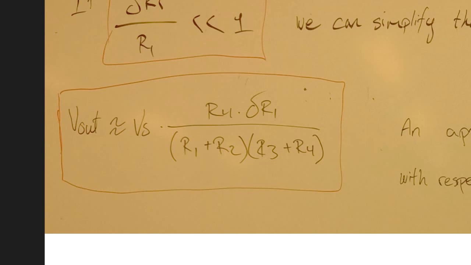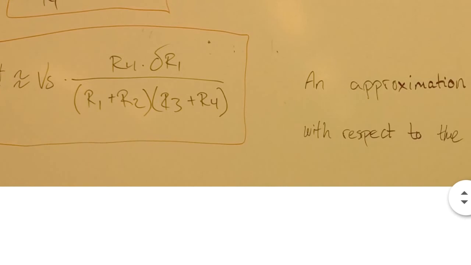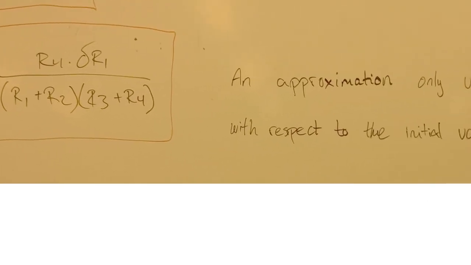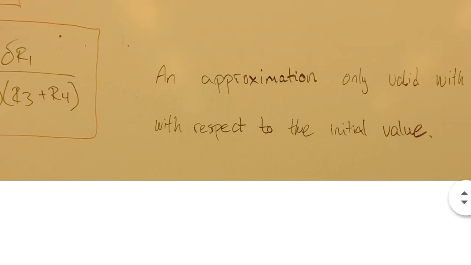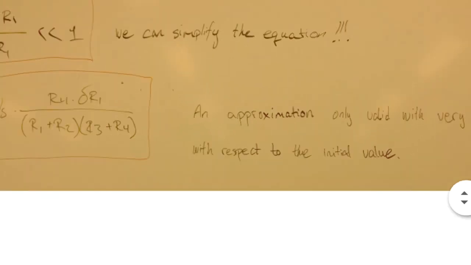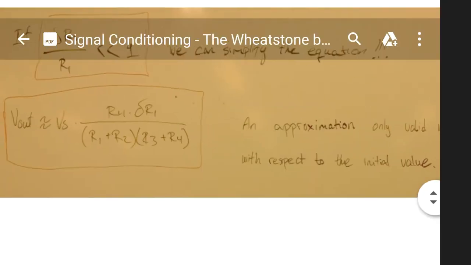And this would give you a quick answer on what the output voltage would be with respect to the initial value where you have the bridge in balance.